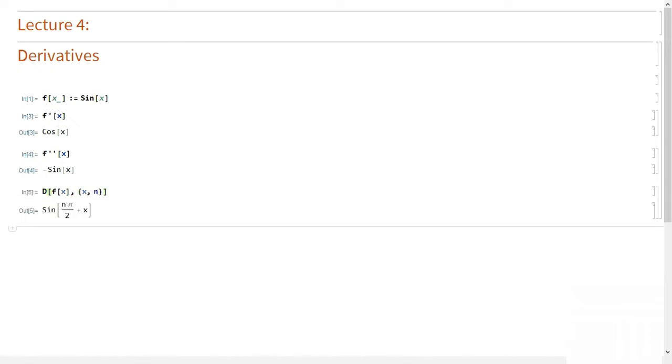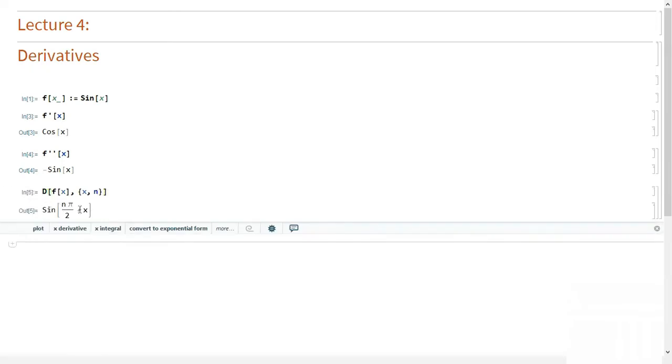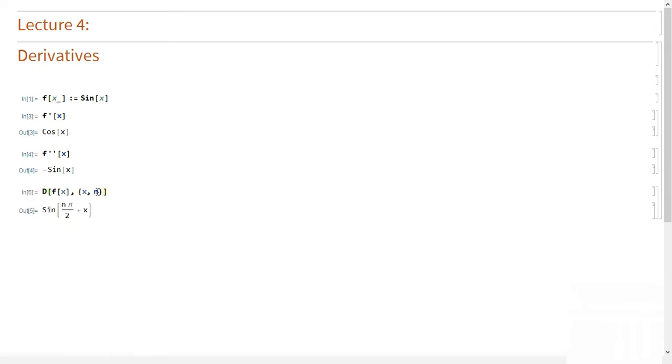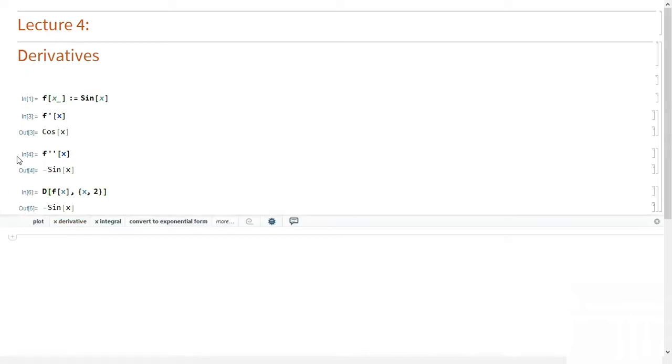Let's see what happens. As you can see, this is my nth derivative. Now what if I wanted to do the second derivative? Instead of n, just type 2, shift enter, and as you can see, these results coincide. So this is how we can use the D operator to determine the derivatives.